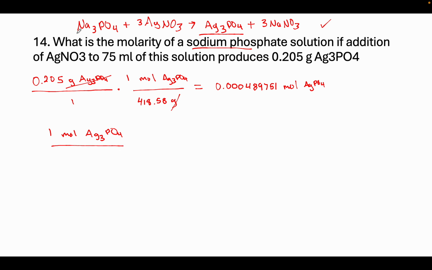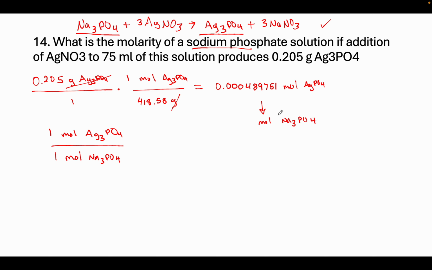Where's it at? Right here. There's 1 mole of sodium phosphate. So it's just a 1 to 1. Great, makes it easy for me. That means I don't have to multiply anything. So this number, guys, I'm not going to copy it in, it's too long, is also the moles of sodium phosphate, Na3PO4.